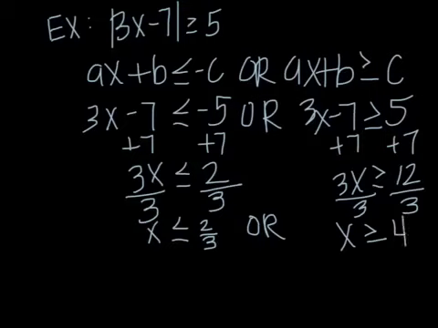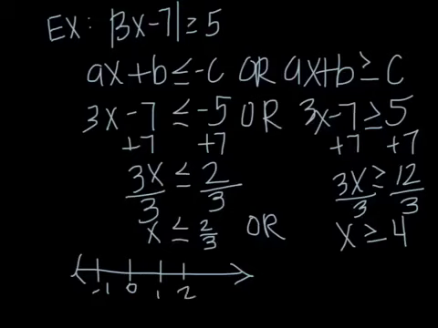I need to go ahead and graph this on a number line. So I have my number line, negative 1, 0, 1, 2, 3, and 4. Since these are less than or equal to or greater than or equal to, I'm going to have closed circles. So I'm going to have a closed circle at 2/3, which will be in between 0 and 1, I'm sorry.